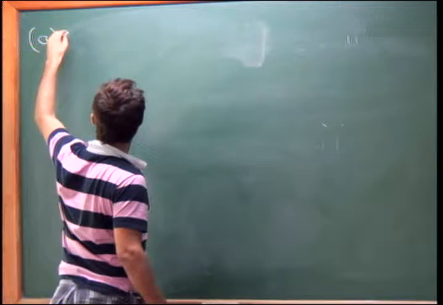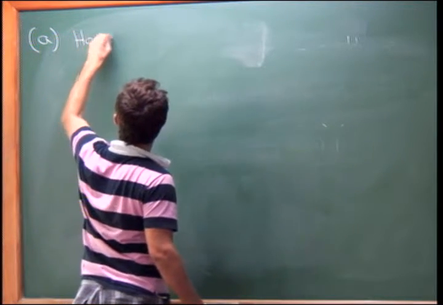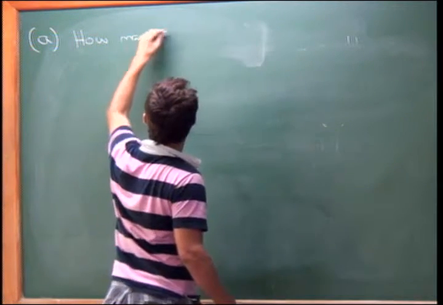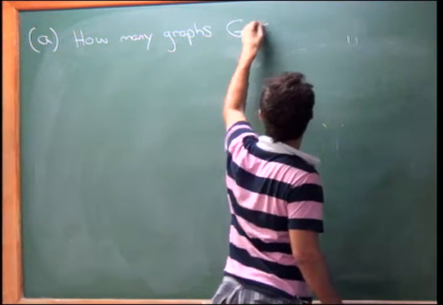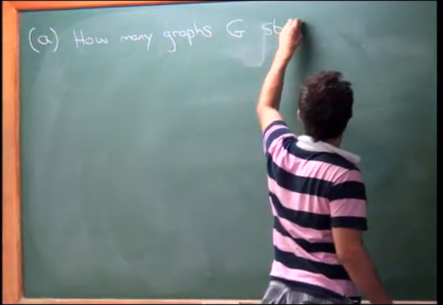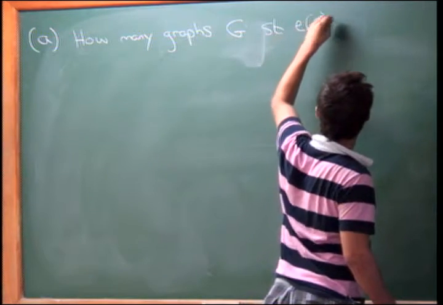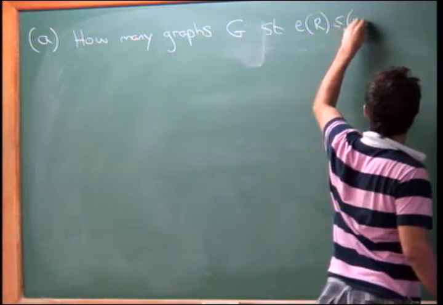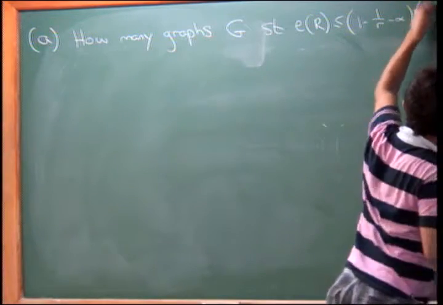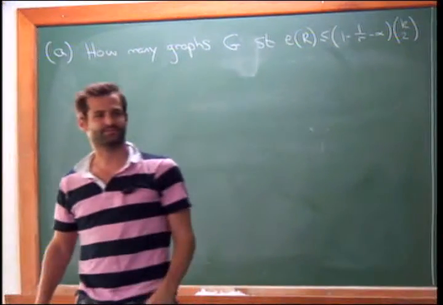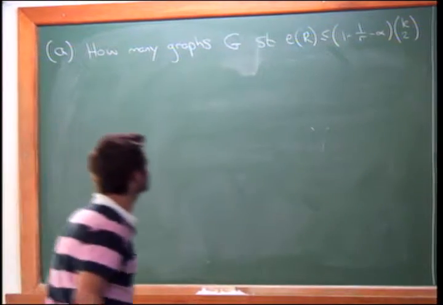So, how many graphs G such that the edges of R is at most (1 minus 1 over r minus alpha) times k choose 2.